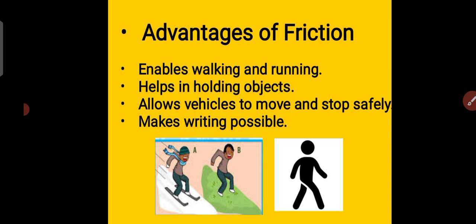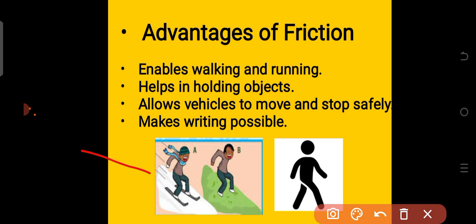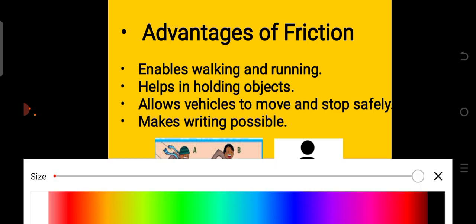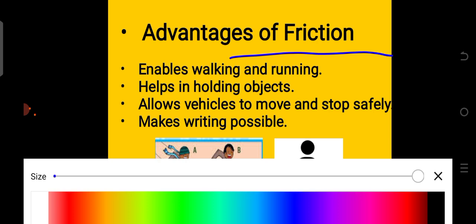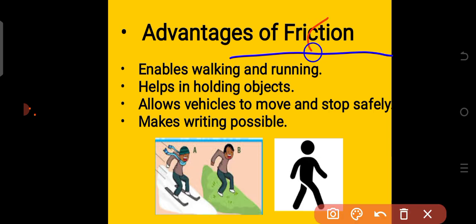Let me give an example of where it allows objects to move. Let's say, for example, we have the road, which I will mark in blue. This is the road, and then you have a tire on the road. Now we know that a tire moves in a clockwise direction.